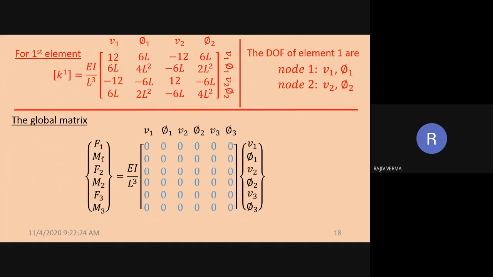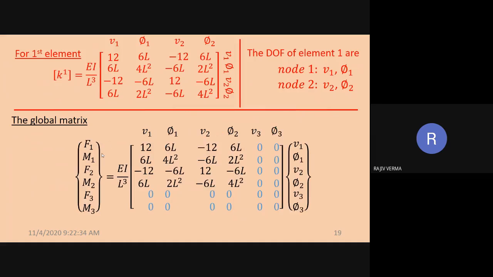So we have a square matrix filled with zeros, and the corresponding degrees of freedom have been written, starting from V1, phi 1, V2, phi 2, to V3, phi 3. These degrees of freedom have been written to simplify our process of assembly.